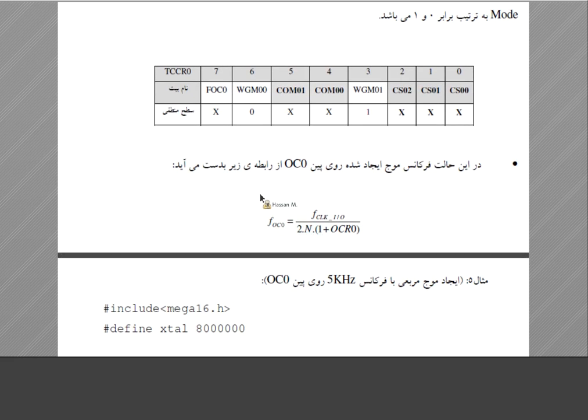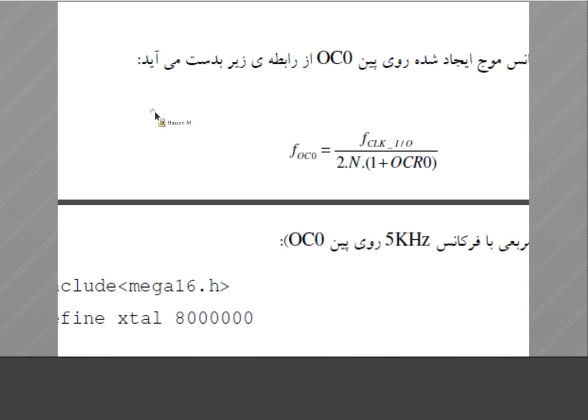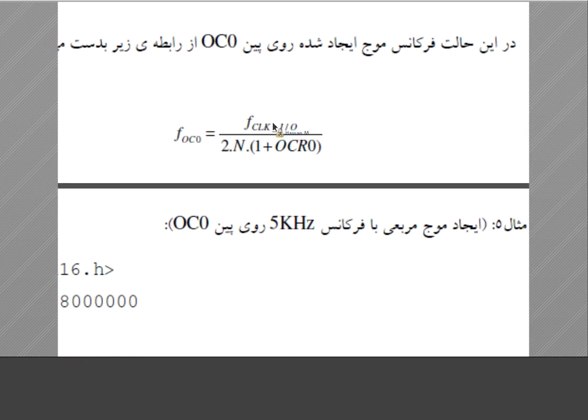Frequency of OC0. Frequency of OC0 is the frequency of clock IO. I zoom it. In these examples, for example, 8 megahertz divided by 2 times N times OCR0 plus 1. Why divided by 2?